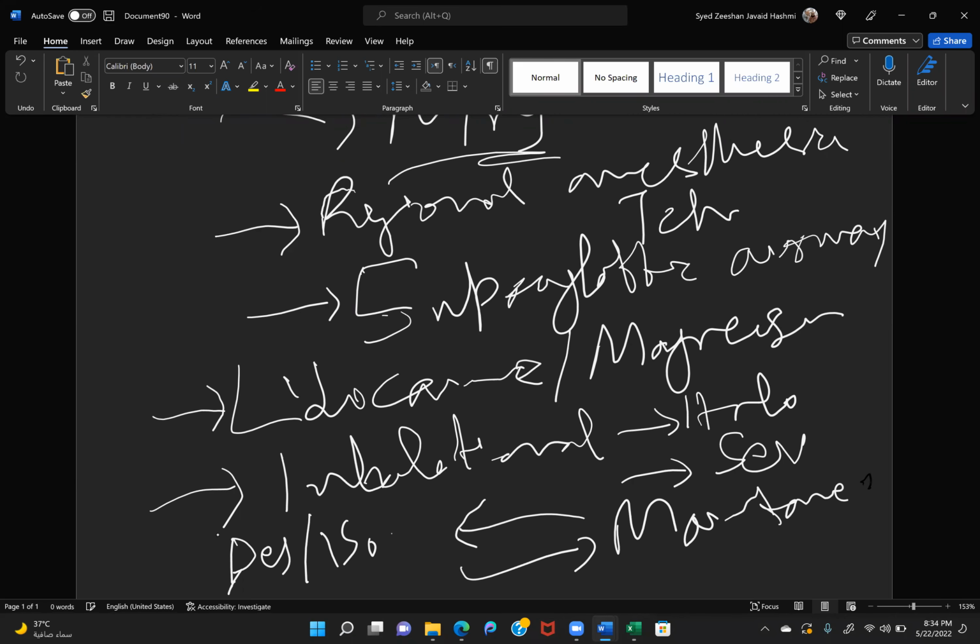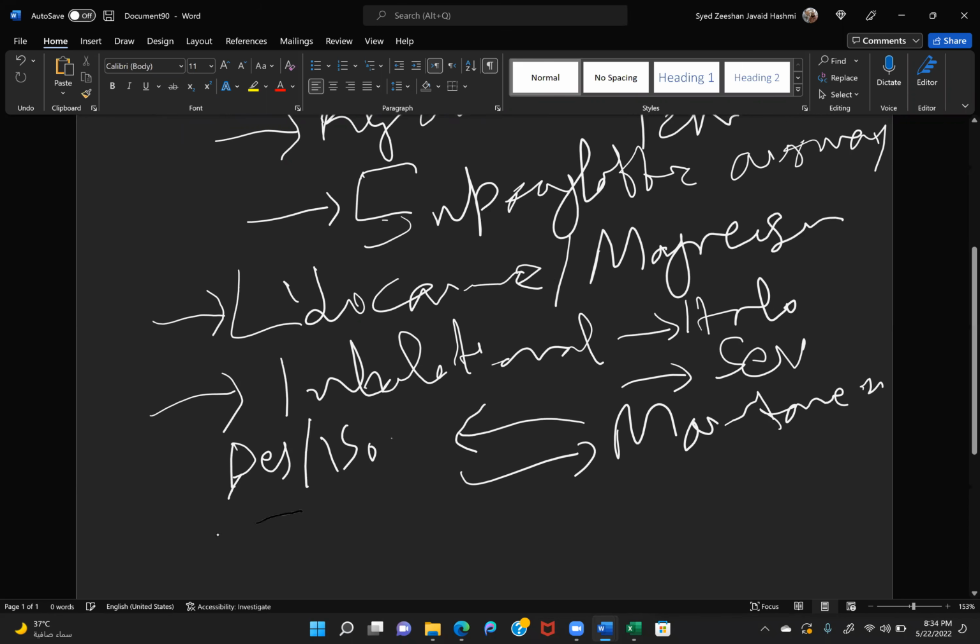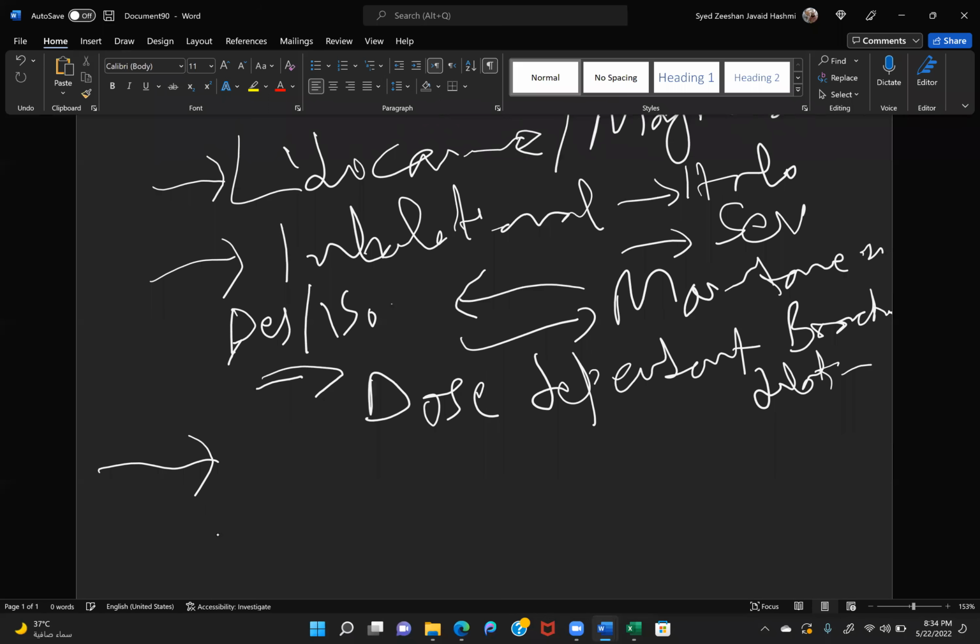For maintenance, the rule is that all inhalational agents cause dose dependent bronchodilation. So this should be in your mind. You will be thinking that this patient can be at risk of allergy, so you will be avoiding NSAIDs.